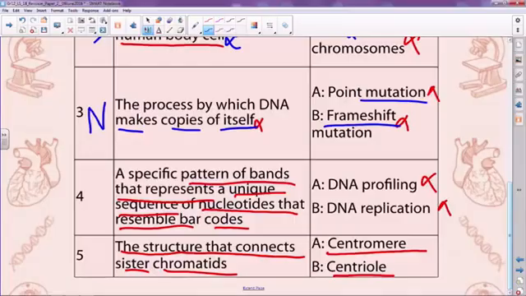Okay. The next one we have, a specific pattern of bands that represent a unique sequence of nucleotides that resemble barcodes. Now, DNA replication doesn't do that. DNA replication is what happens when we're having a look at protein synthesis. Okay.